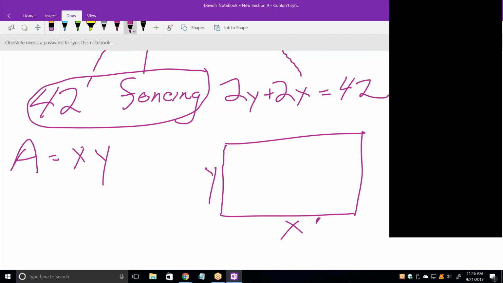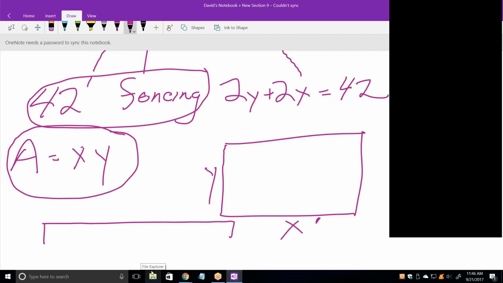Yes. Okay. Now, for me to find where the maximum area is, which is what they're asking, how do I design this garden to give me a maximum area? If I get a bigger area, I can grow more stuff. So I want to design my garden with a maximum area. In other words, if I design my garden like this, that's not a very big area.